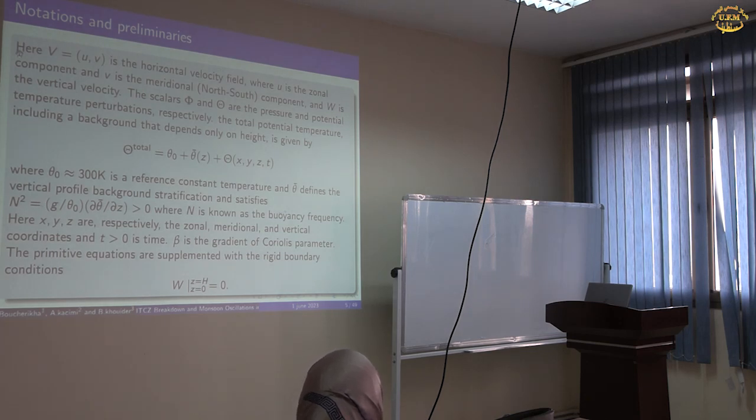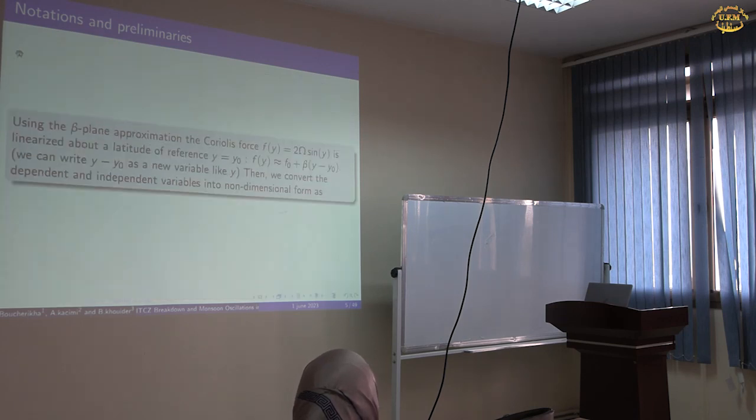I work with the rigid boundary conditions W in Z equal to 0 and H equal to 0, and by using the beta plane approximation, the Coriolis force F equals 2 omega sin Y.